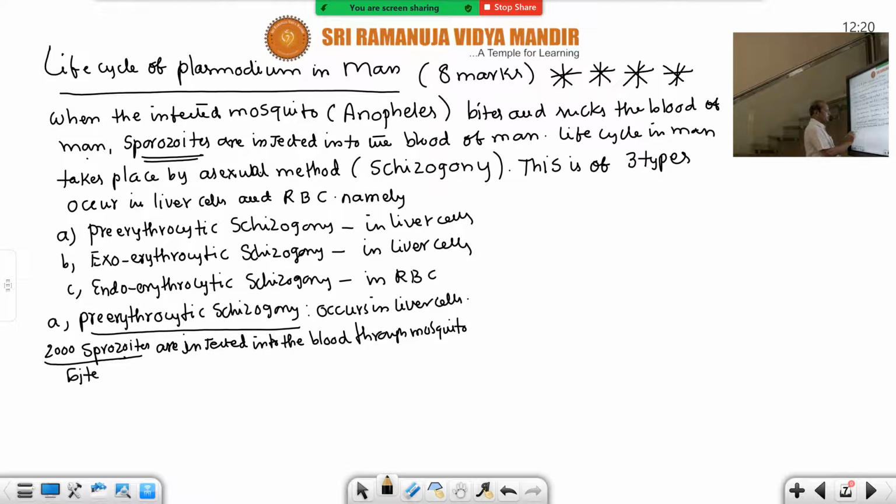When the mosquito bites and sucks the blood of man, these are injected into the bloodstream or blood circulation. In the blood they stay for only 30 minutes. After 30 minutes they reach the liver cells.